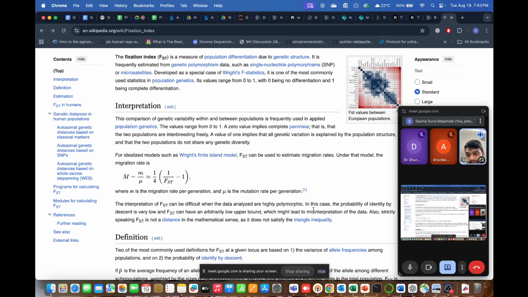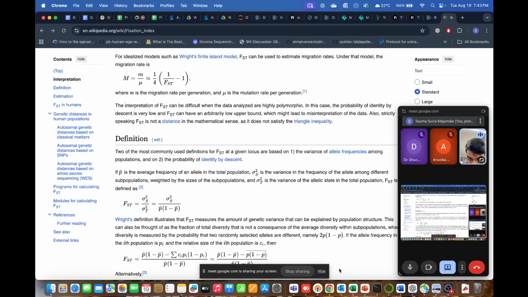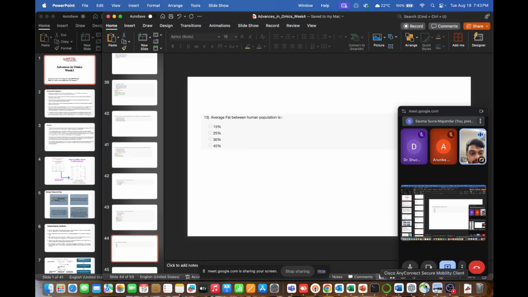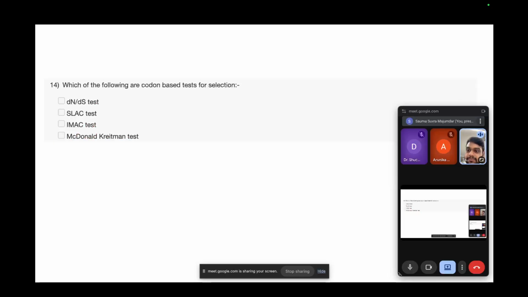We have not discussed this, but it is a very important metric to quantify differences in population structure across different populations. I'll not dwell on this question, but the answer is 15%, the average FST between human populations. So on average, we have 15% difference in allele frequencies between any two random populations. Okay, let's move on.